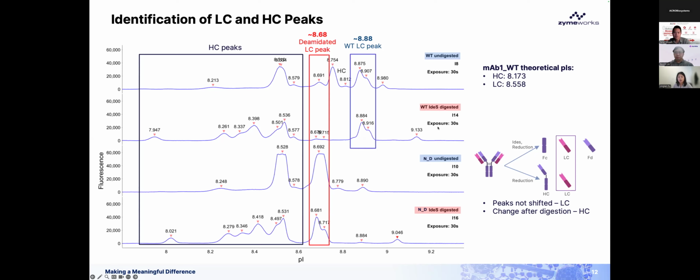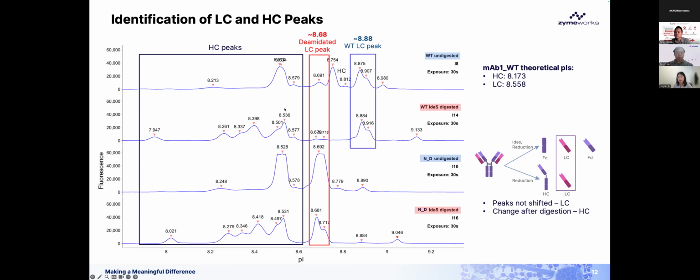Any peak which changes after digestion should come from the heavy chain. As you can see, in the area below pI 8.4, all these peaks differ between digested and undigested, meaning they possibly come from the heavy chain.